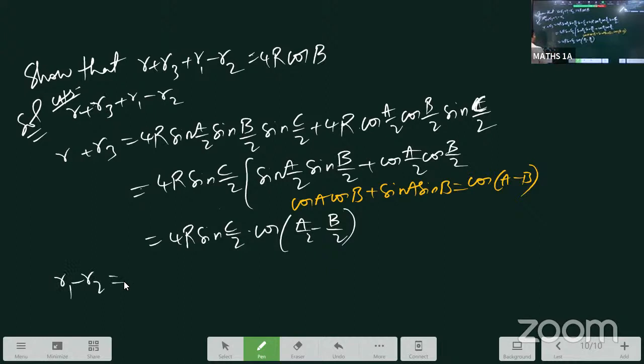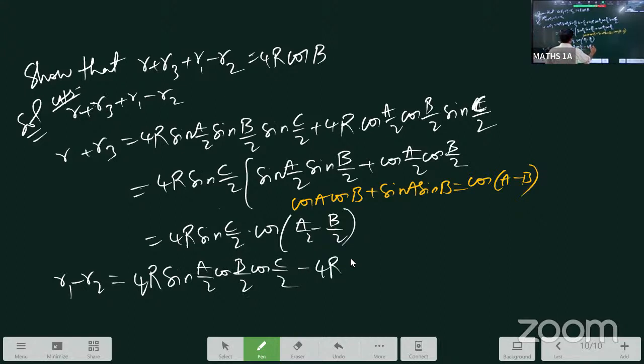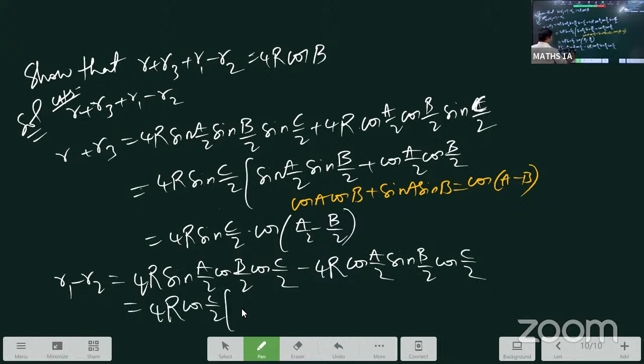Next. R1 minus R2 I should do, correct? According to the question. 4R sin A by 2 cos B by 2 cos C by 2 minus 4R cos A by 2 sin B by 2 cos C by 2. 4R cos C by 2 you are going to take common. And what is left? Sin A by 2 cos B by 2 minus cos A by 2 sin B by 2.